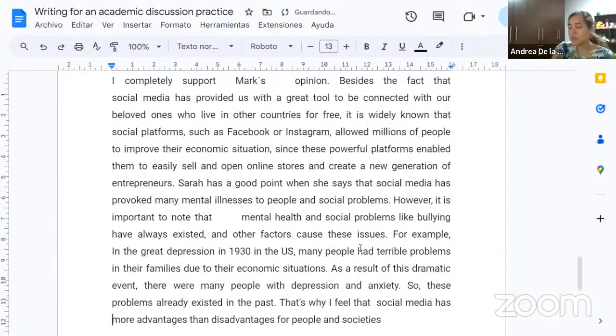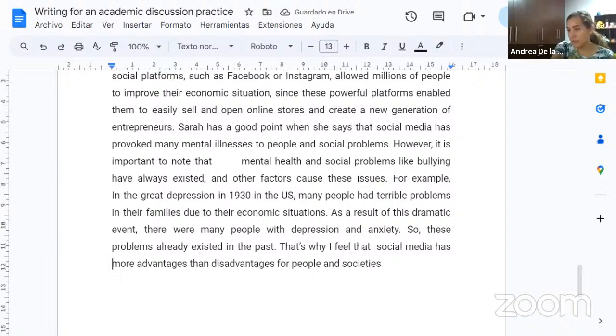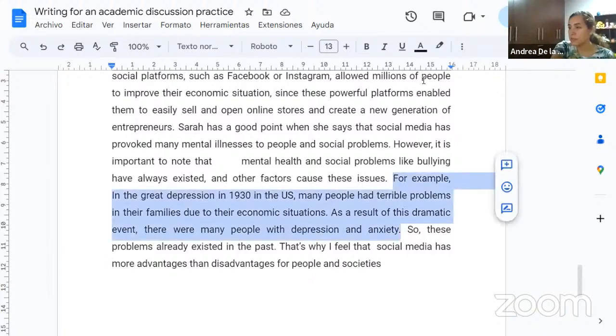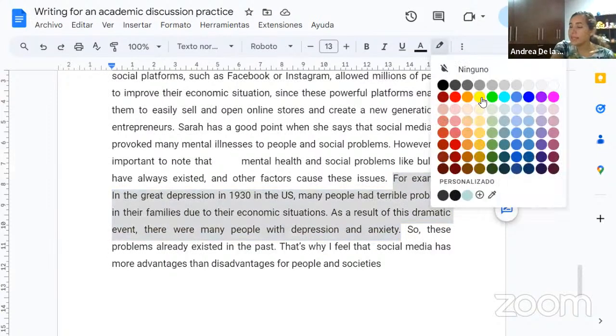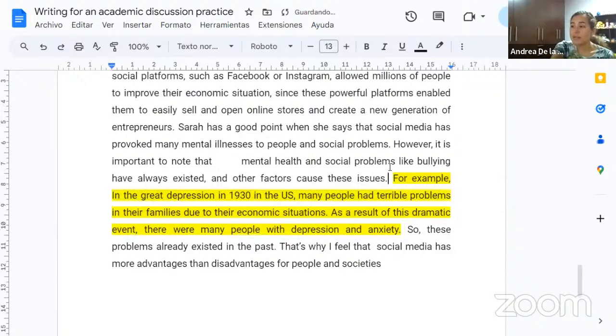Everything is great. Maybe there's only one tip that I can give you, and that would be that here, when you elaborate on your idea, this part here, even though it is true, what you said here is perfect, right? You're perfectly fine contrasting this point that, yes, social media provokes mental illnesses, but they have always existed.